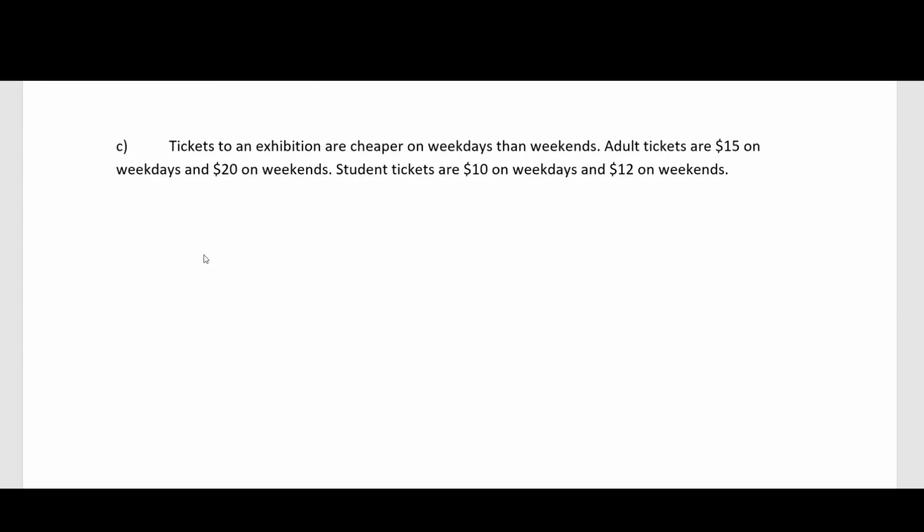Tickets to an exhibition are cheaper on weekdays than weekends. Adult tickets are $15 on weekdays and $20 on weekends. Student tickets are $10 on weekdays and $12 on weekends. So here we go. We've got to create a matrix to signify this situation.